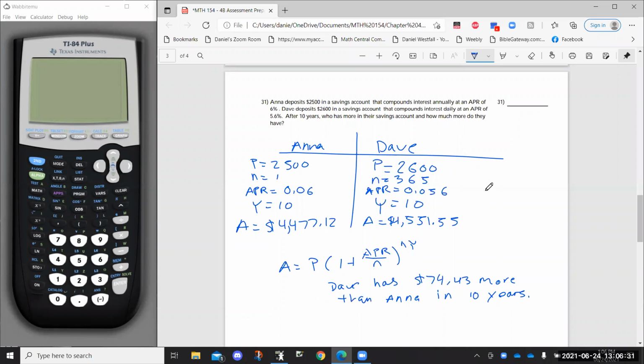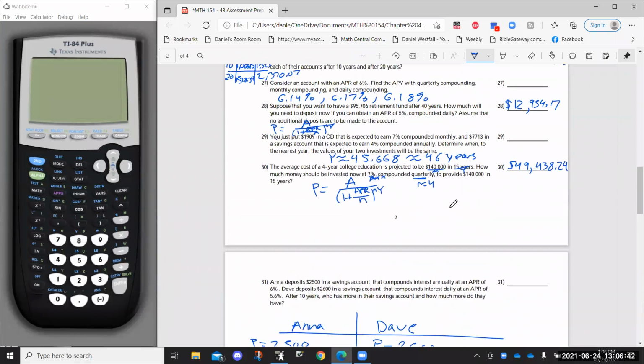It's a good default position to believe that your teacher wants you to show your work unless they specifically tell you on a problem that you're supposed to use a calculator, or if it was a problem like this one where you didn't have any other way to solve it other than to put those equations in the graphing calculator, because there's no way you were gonna figure that out by hand with variables and the exponents. You don't know how to deal with that in this class.